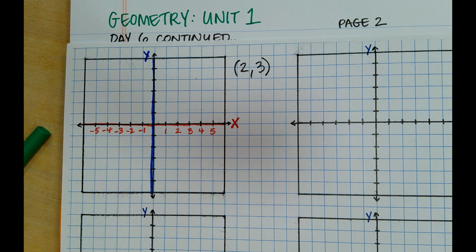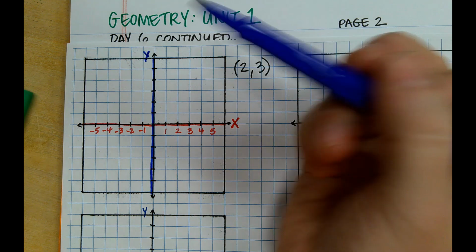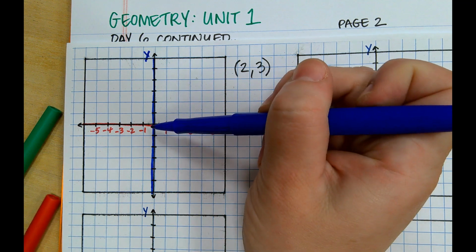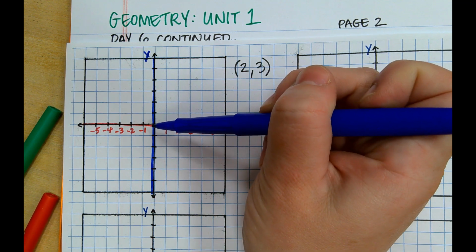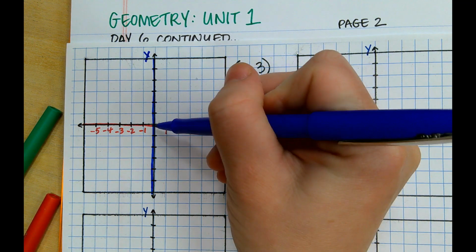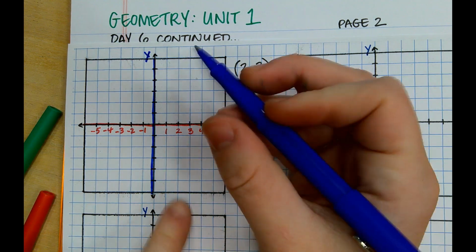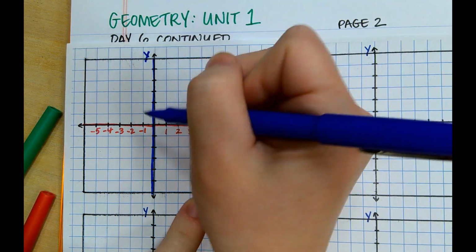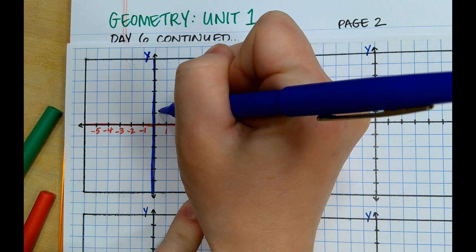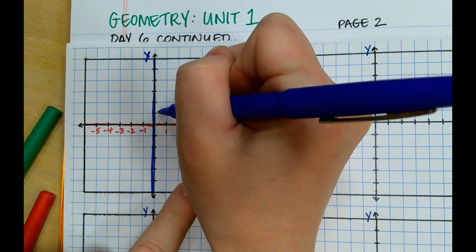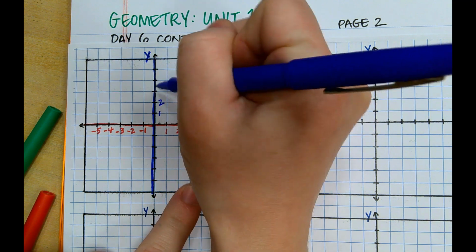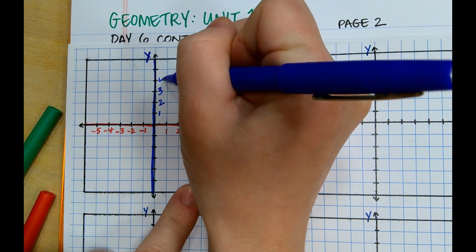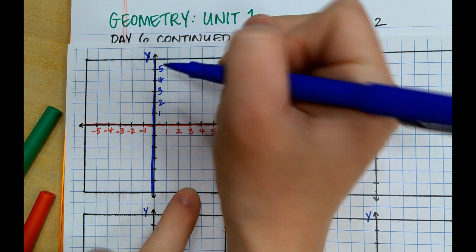Now let's look at our y-axis. Our y-axis also starts with 0 right in the middle, and it goes either up or down. When we go up, we're going to have positive numbers. So same as how we labeled our x-axis, I'm going to count on each little tick mark. 1, 2, 3, 4, 5.